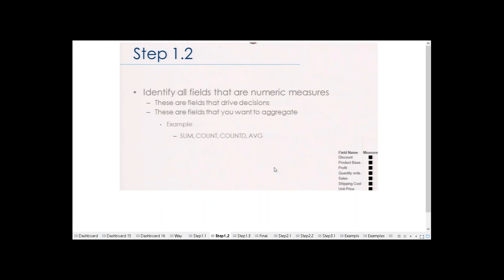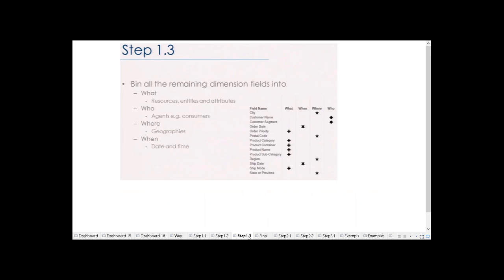And step number 3, the most important step: divide your dimensions, or bin your dimensions, into 4 W's. The 4 W's are what, who, where, and when.